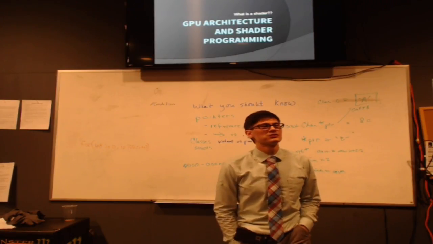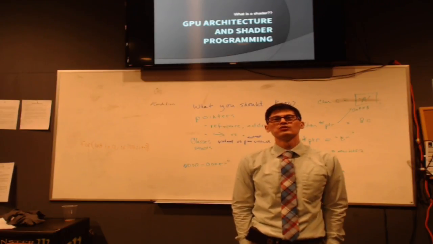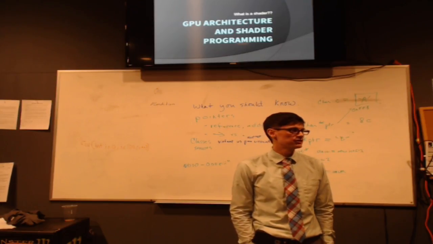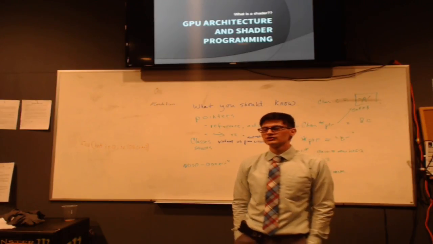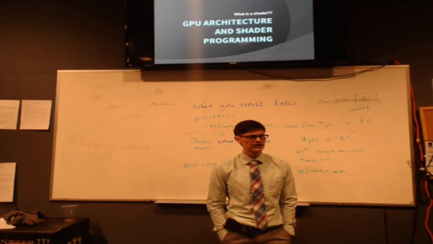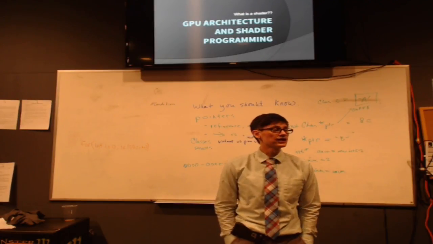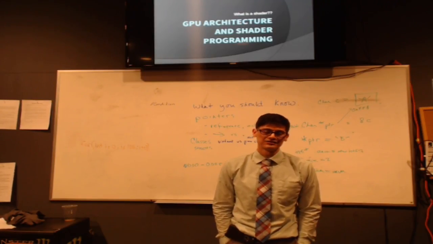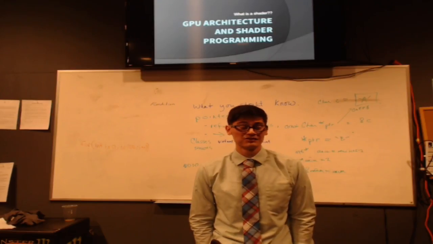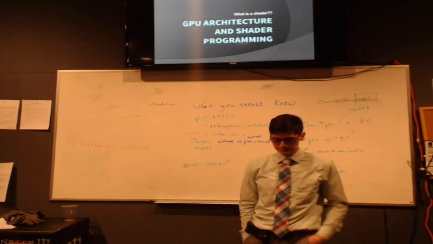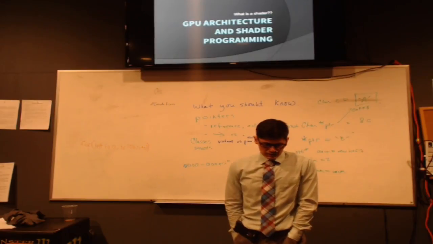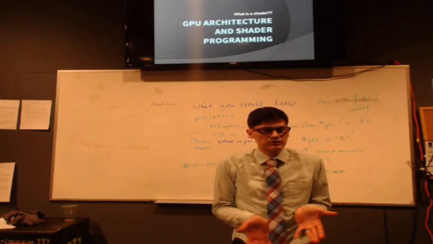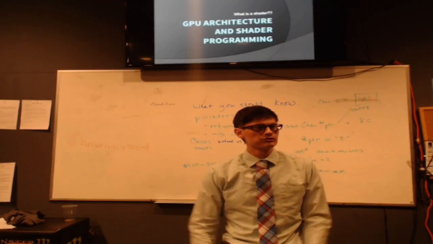So shader is an abused term because you can have a shader that only does computation. It only just solves a problem. Is anyone familiar with Folding@home? It's an organization that uses extra processing power to solve problems.